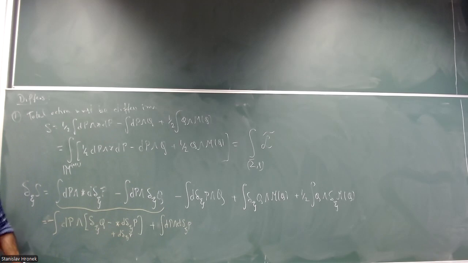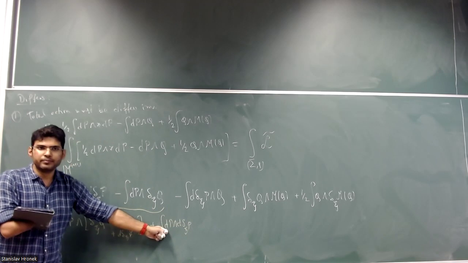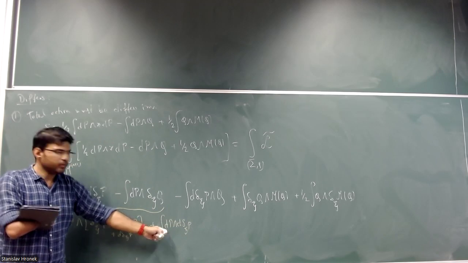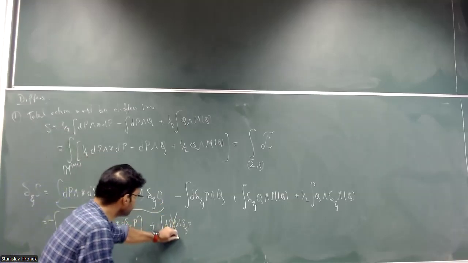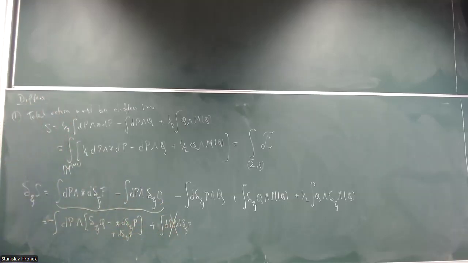I can do that. And then I can forget about this because it's a total derivative. Right? Forget about it. And this, if you remember our definition of Hs, is nothing but delta xi of Hs, because Hs was dp plus star dp minus q.